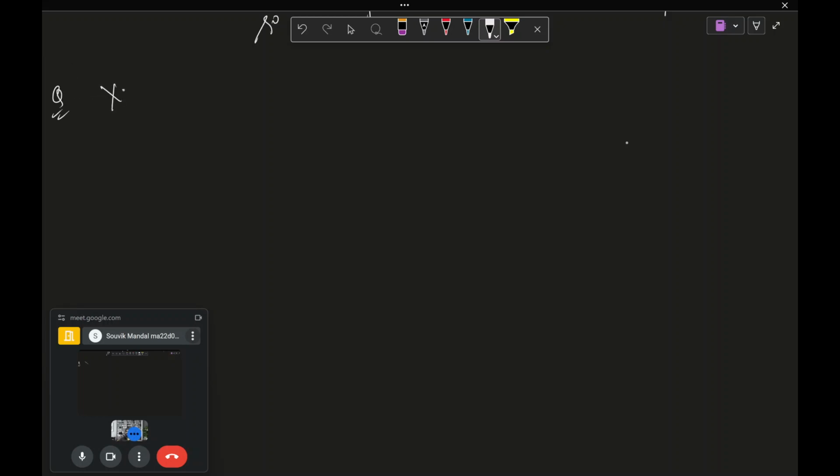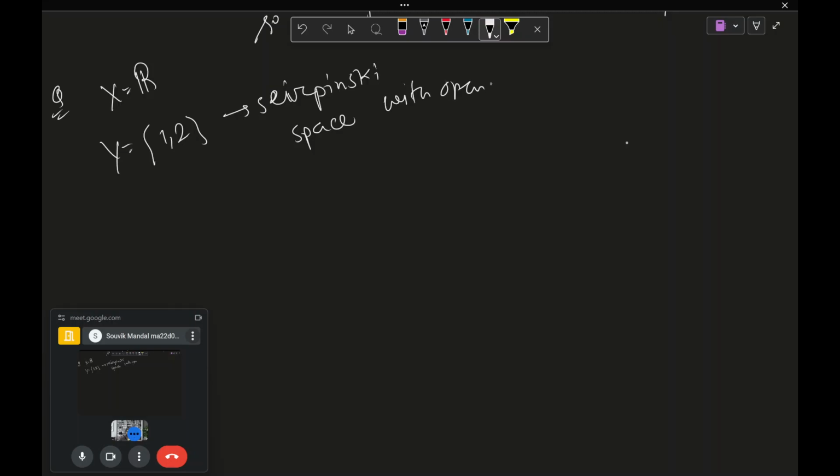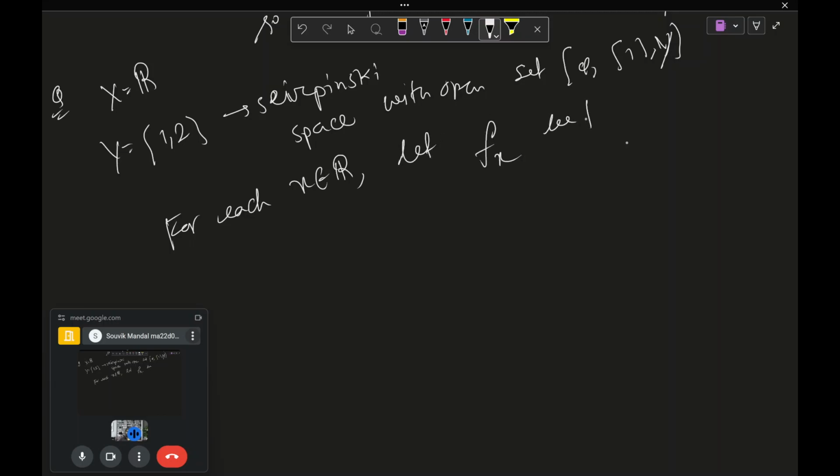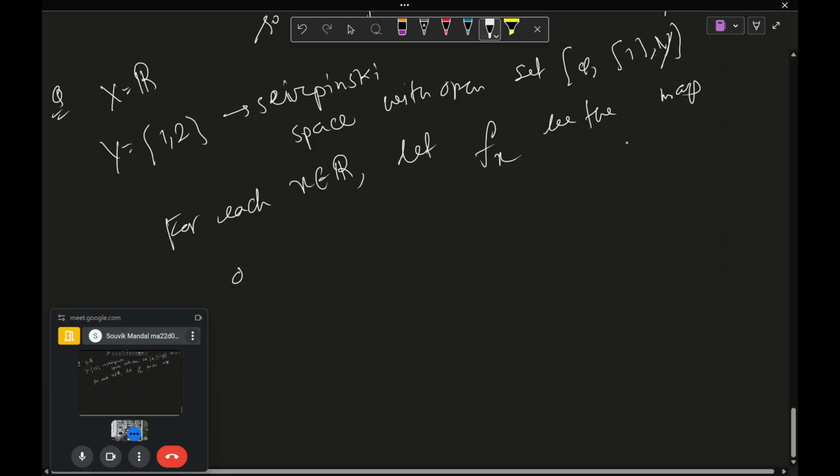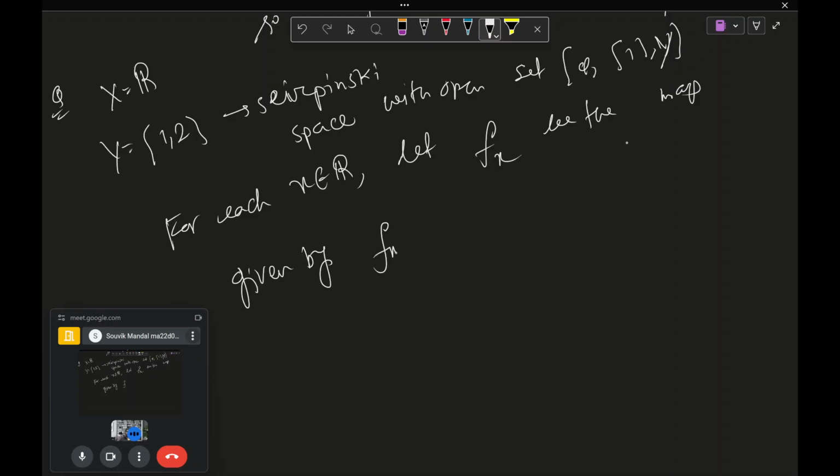So the question is as follows. Let X equal R, and Y equal {0, 1, 2}, the Sierpinski space, whose open sets are phi, Y, {1}, and so on. Then for each x belonging to R, let f_x be the map given by 2 at x and 1 for all t not equal to x.